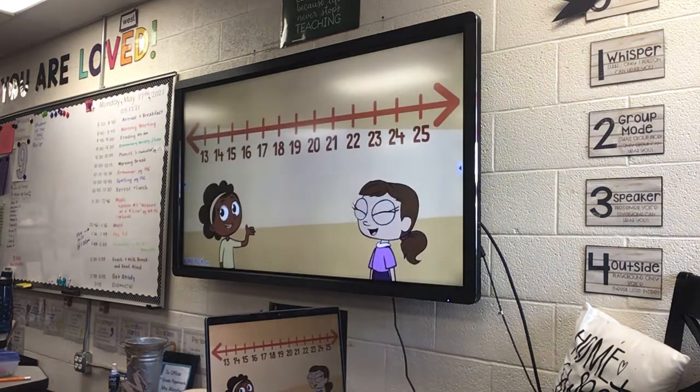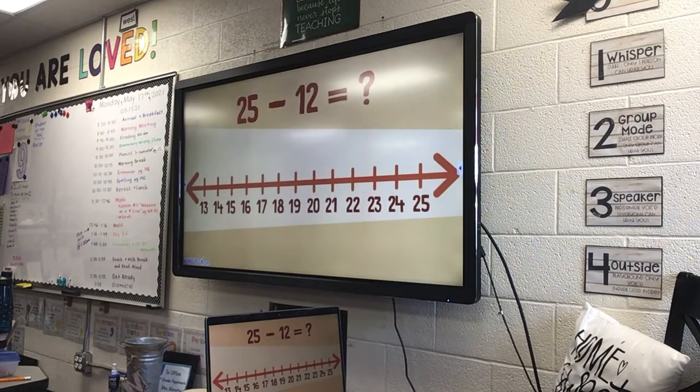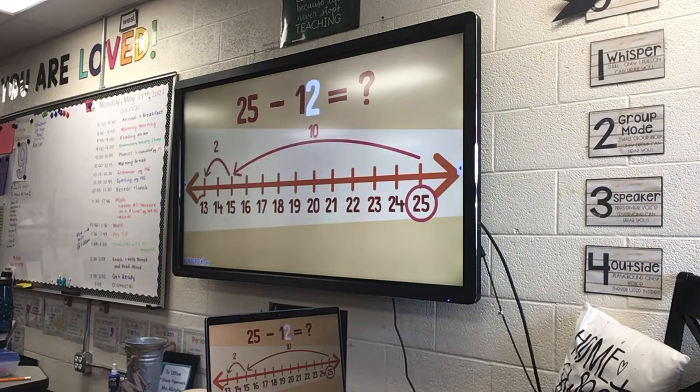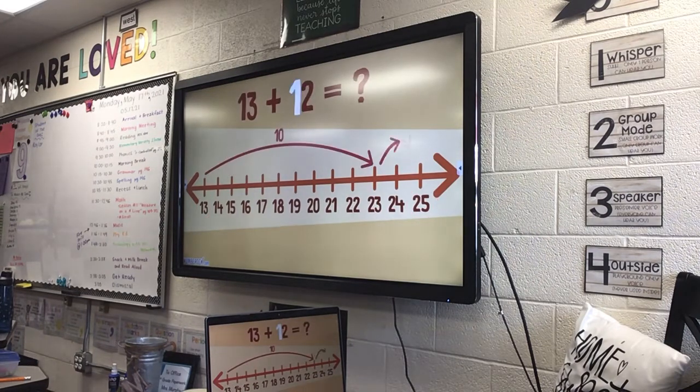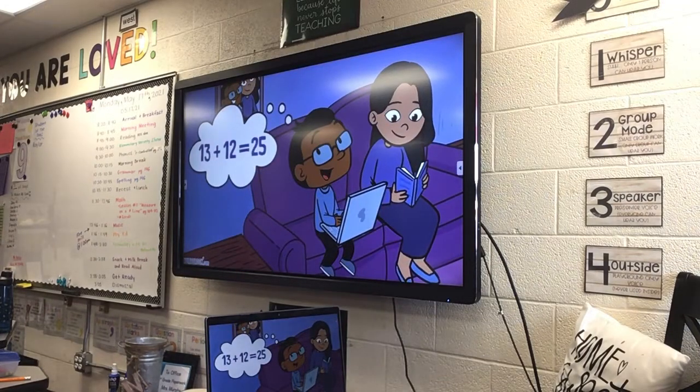We can jump backwards on number lines to solve questions with subtraction signs. Let's subtract 12 from 25, jump back 10 and 2. 13's the difference we'll find. Now add back 12 to 13, and we will arrive at a sum we've seen, 25.